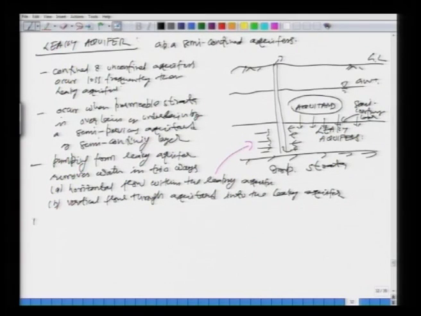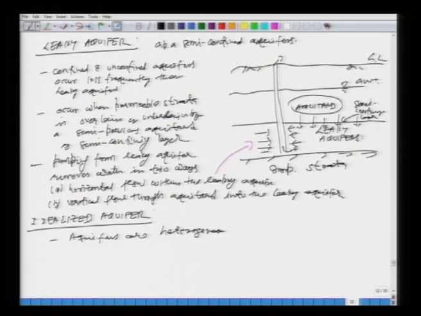So, let us look at what is called the idealized aquifer. We are saying aquifers are heterogeneous and anisotropic. What is anisotropic? An anisotropic aquifer is one in which the aquifer properties vary in different directions.